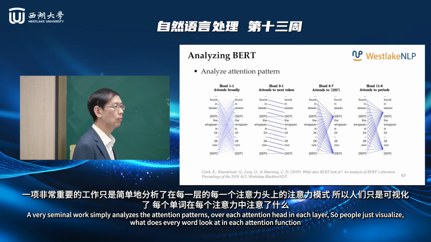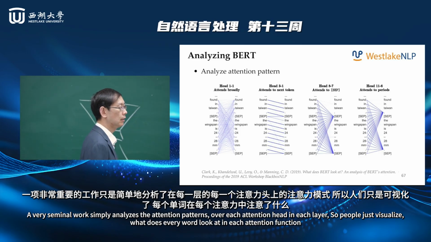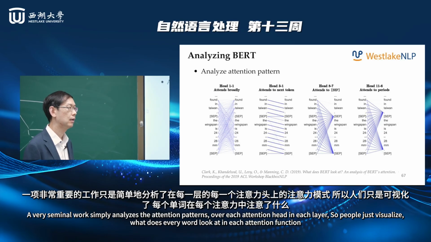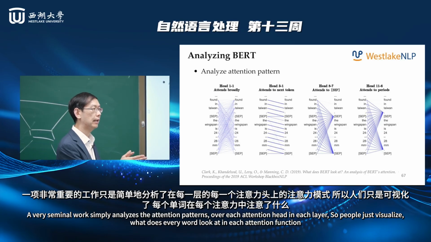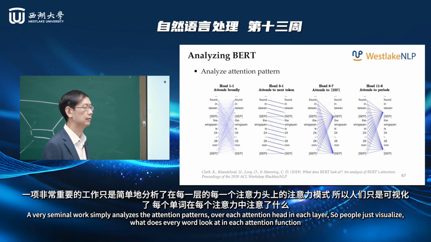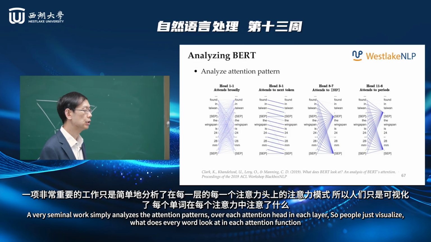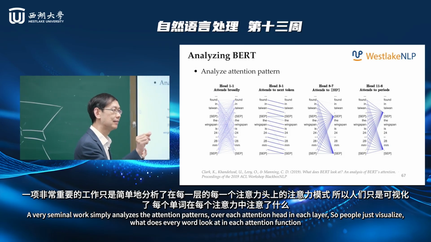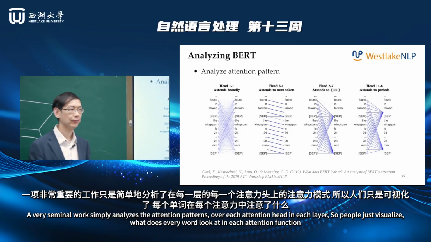A very seminal work simply analyzes the attention patterns, okay, over each attention head in each layer. So people just visualize what every word looks at in each attention function.